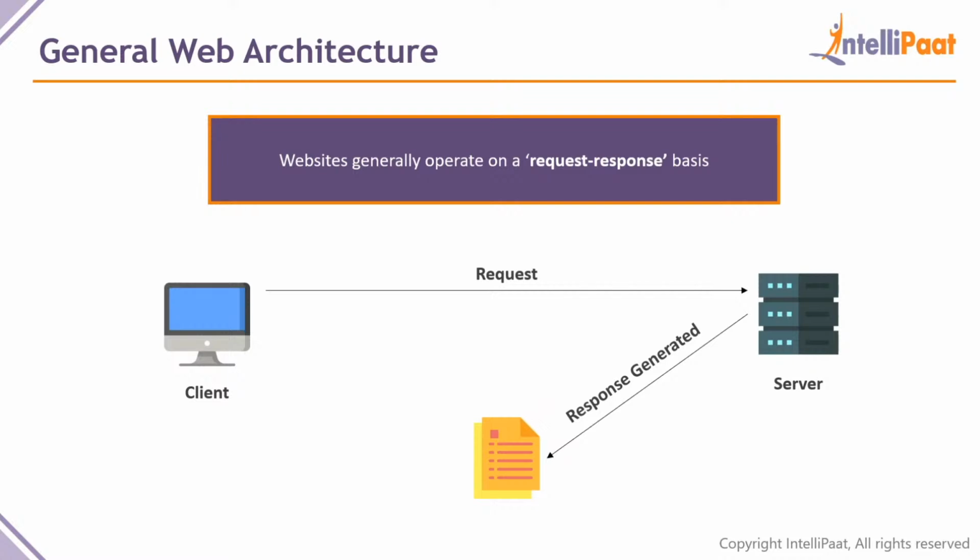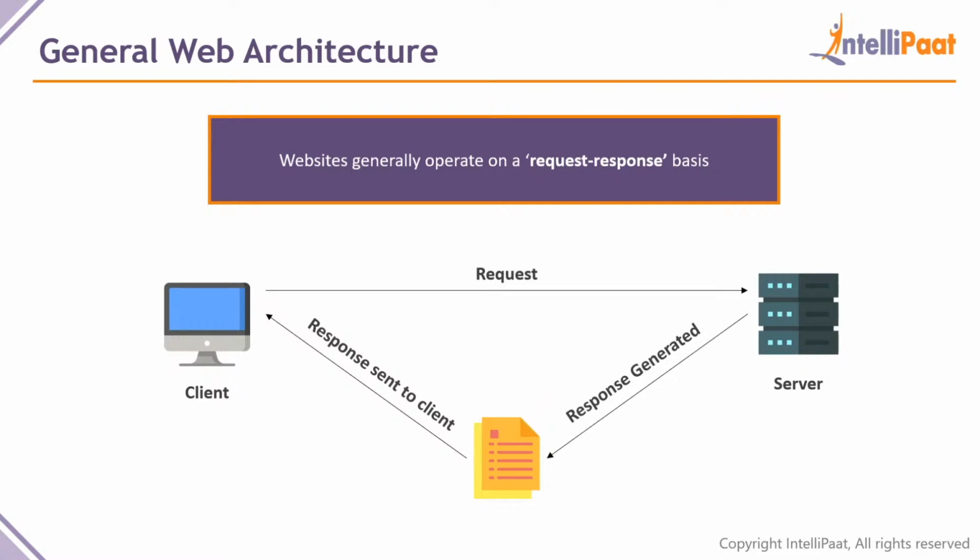Once the response has been generated, it'll go to the web page, and on the web page you can see it. So basically, the response has been sent to the client after the request has been sent. It usually happens like this: the client sends a request, and the server sends a response back to the client. So this is the general web architecture.